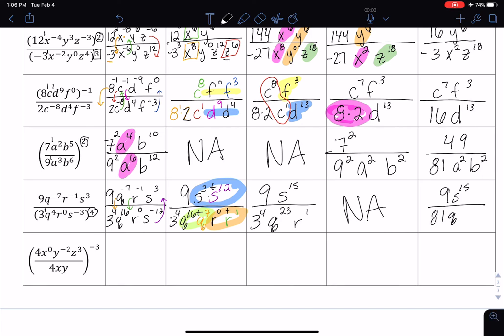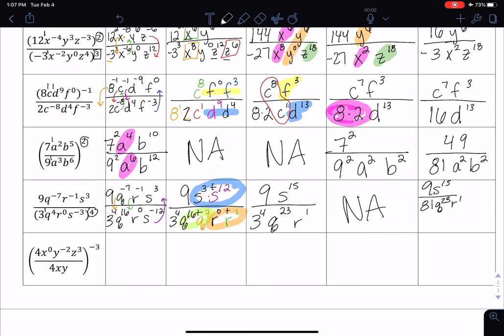And let me write this smaller. Okay, so I have 9s to the 15th. 3 to the 4th power is 81. Q to the 23 and r to the 1st power.